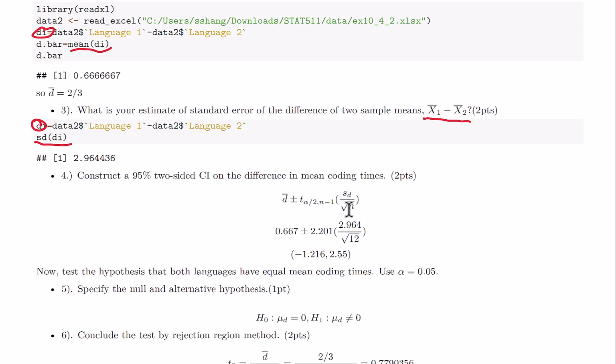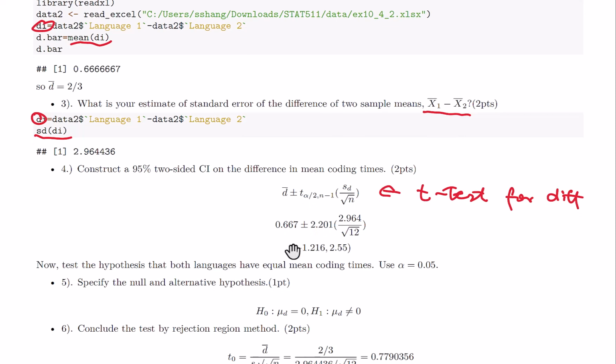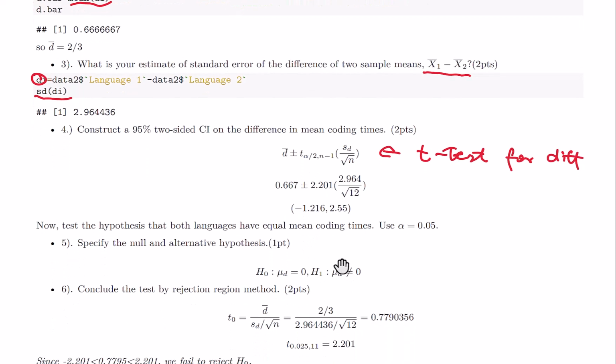So basically, the paired T is just a T for the differences, right? So this is actually the T test for differences. Based on that, we could get the confidence interval, and also we do the test.